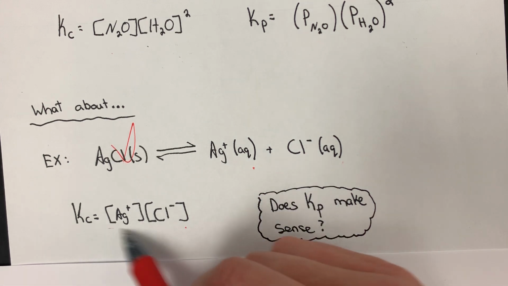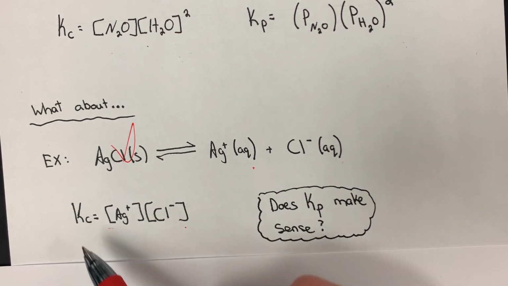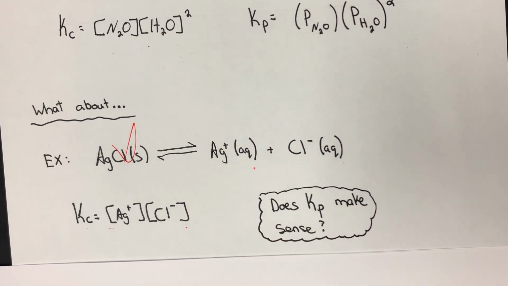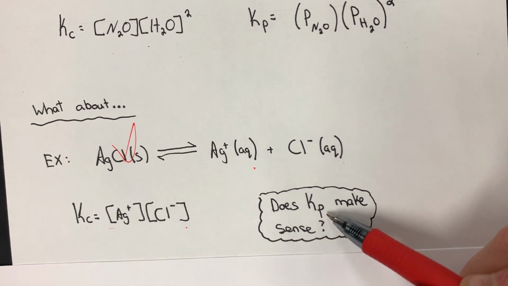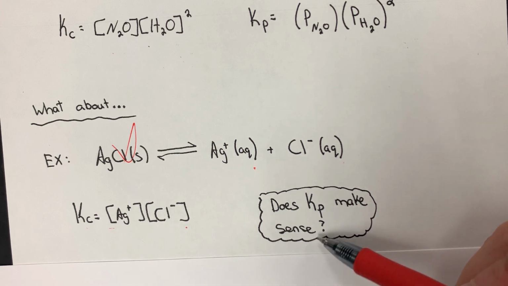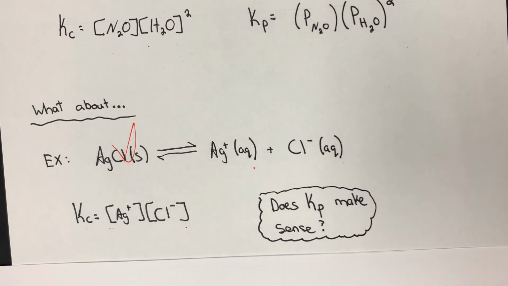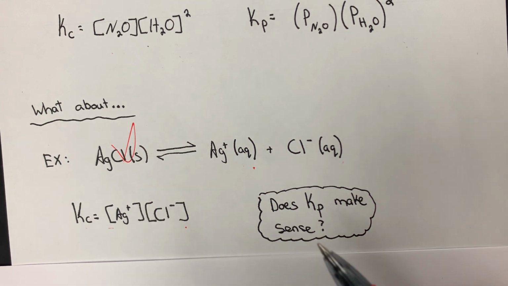So in the numerator, technically my denominator would just be 1, not even going to write it in. And again, this is my equilibrium constant in terms of molar concentration. It doesn't make sense to talk about our Kp because we don't have gases. We're not going to be talking about the partial pressure of some aqueous ions there. Okay, so keep that in mind. We really got to be having kind of a homogeneous system that's dealing with gases in order to be talking about our Kp.